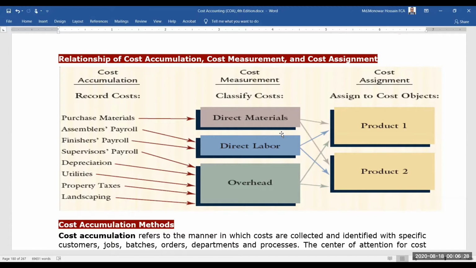So this is the relationship between cost accumulation, cost measurement, and cost assignment. I think it is clear to you.